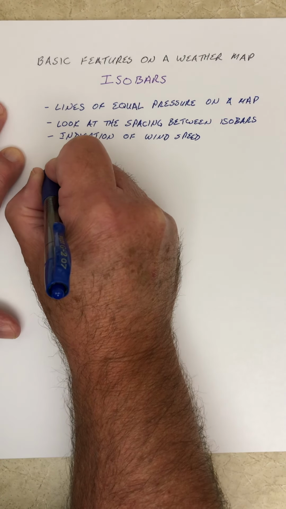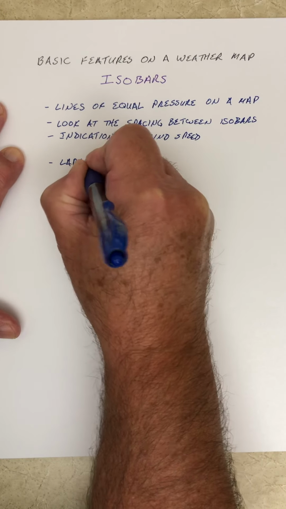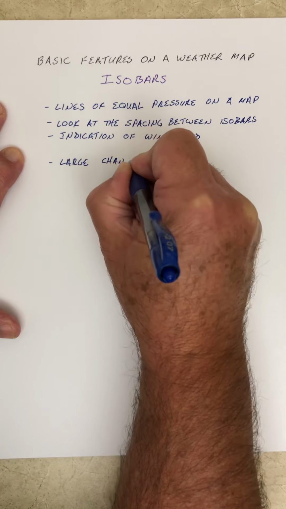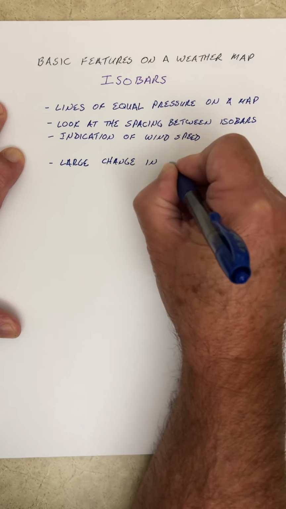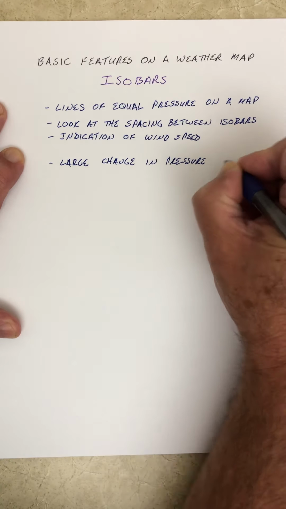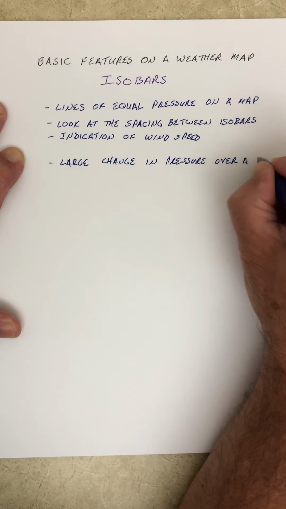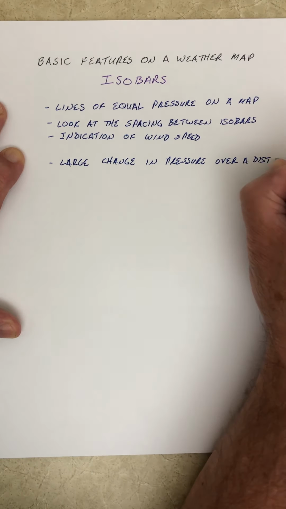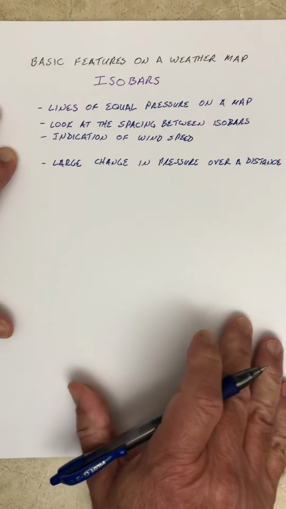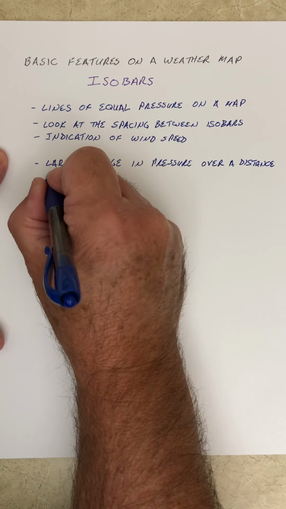And so if you have a large change in pressure over a distance, we call this a large pressure gradient.